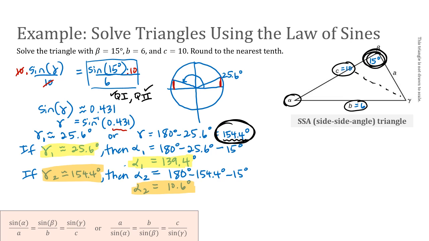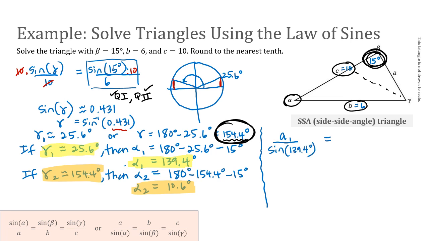All right. So the only thing we have left to find is the side that is across from alpha. Of course, depending on whether alpha is alpha 1 versus alpha 2, A is going to be different. So if we're trying to find side A sub 1, then we use the sine of alpha sub 1, which is 139.4 degrees.